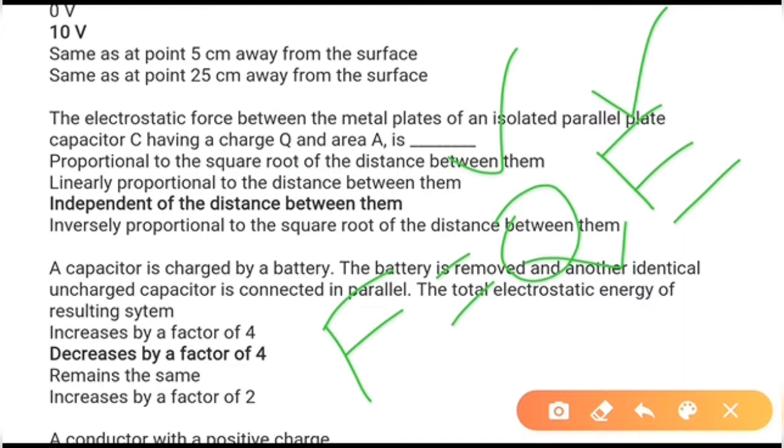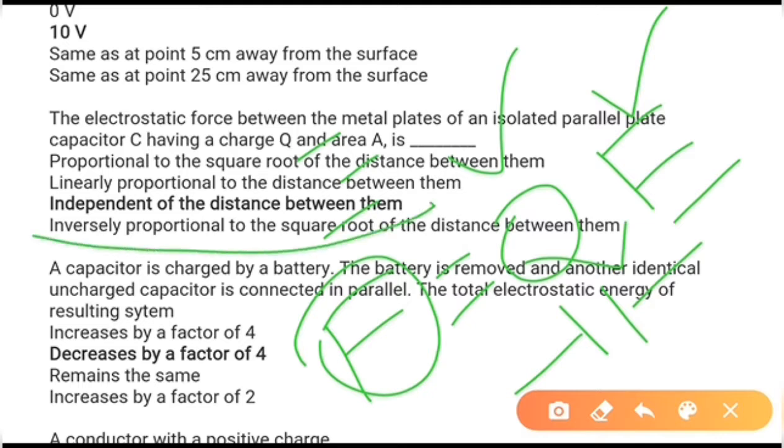Here options are given based on the distance between the plates. So force is independent of the distance between the plates. Okay, so the answer will be independent of the distance between them. The third one is the correct answer. So the electrostatic force is independent of the distance between the plates of the capacitor.